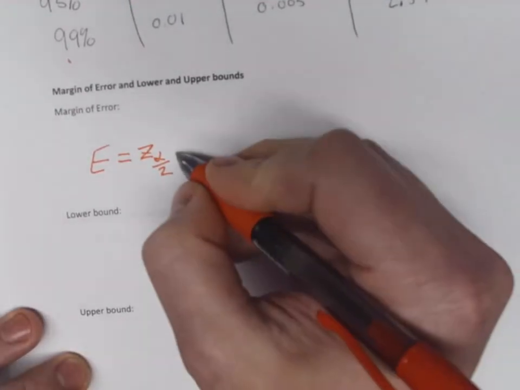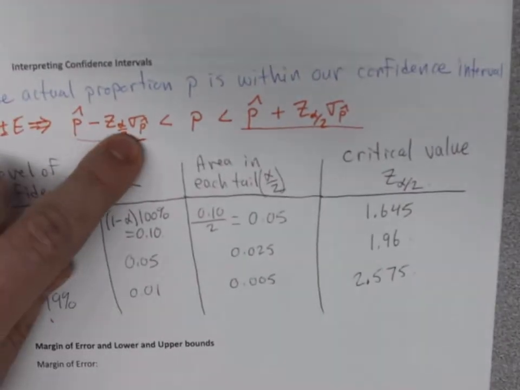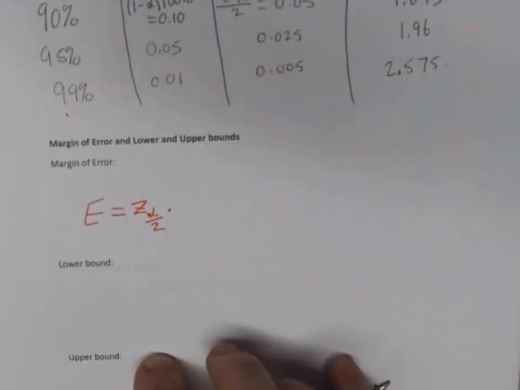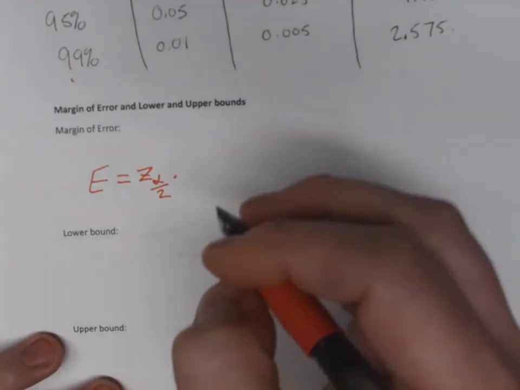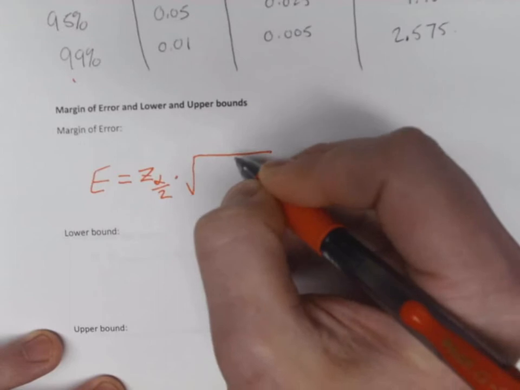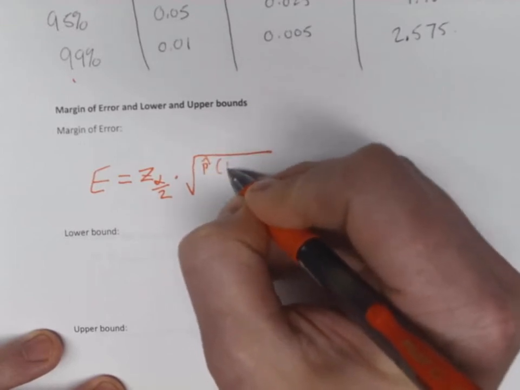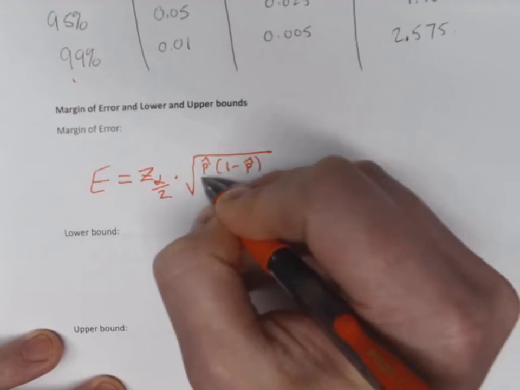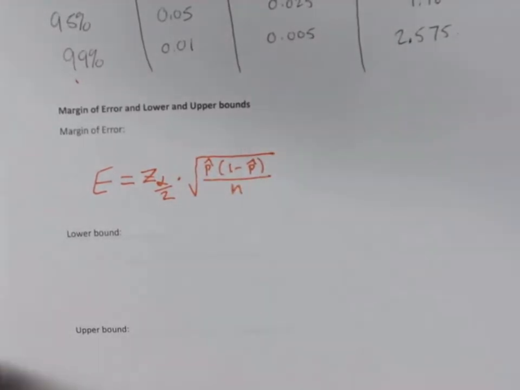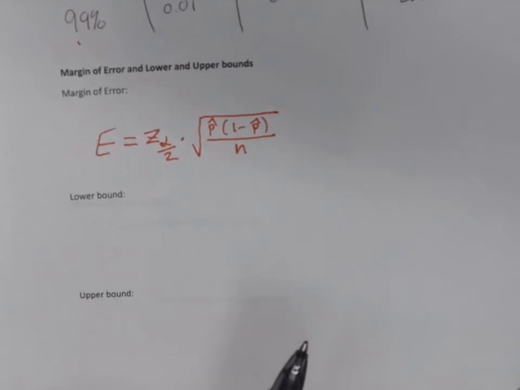And then that's multiplied by the standard deviation of p hat, which was here, but now I'm going to actually plug in the formula for the standard deviation of p hat. So that's multiplied by the square root of p hat times 1 minus p hat all over n. And all of that is within the square root. So every time you work one of these, you're always going to have to find the margin of error, and that's how you find it right there.